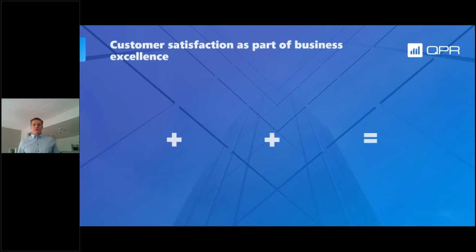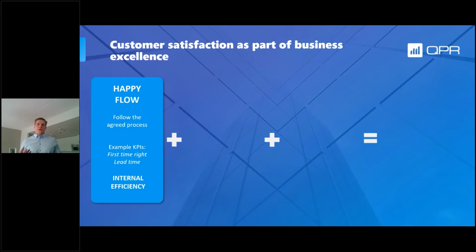And of course, in business excellence, the customer and customer satisfaction is always the center of it all. So how do customer satisfaction and processes work together? Well, in order to have business excellence, you first of all need happy flow. This means that when you are doing operations and activities in your business, you are doing them as agreed in the process. This means internal efficiency, or basically the efficiency of your processes.